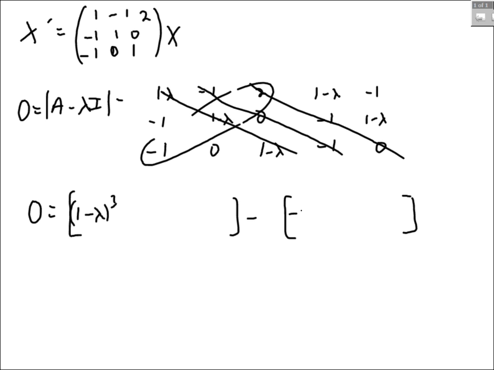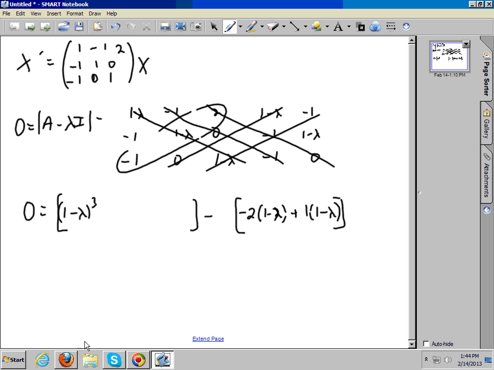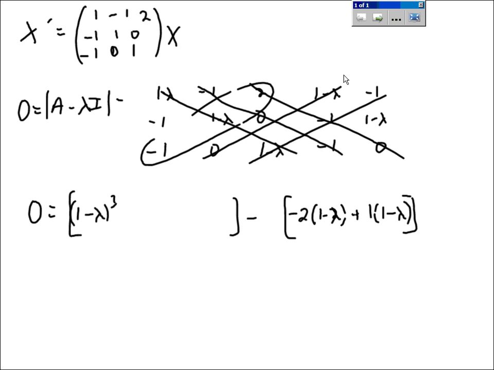which will be negative 2 times (1 minus lambda), plus that, plus 1 times (1 minus lambda). So what we're going to have in the second bracket will be negative 1 minus lambda.